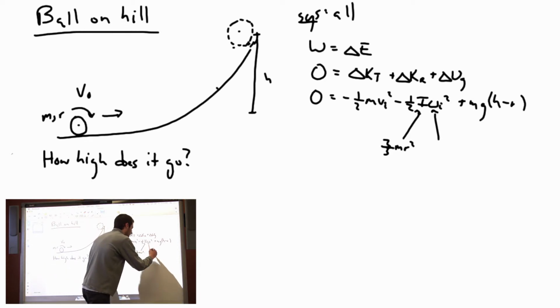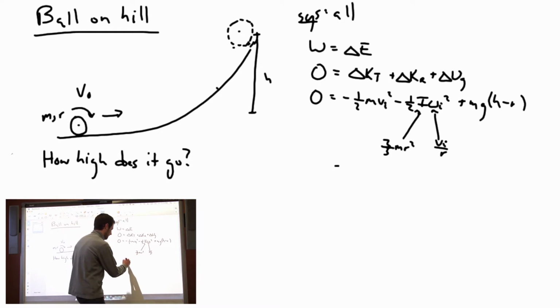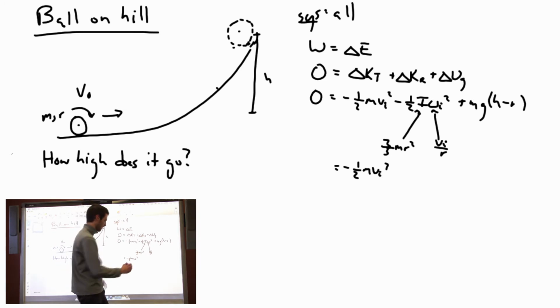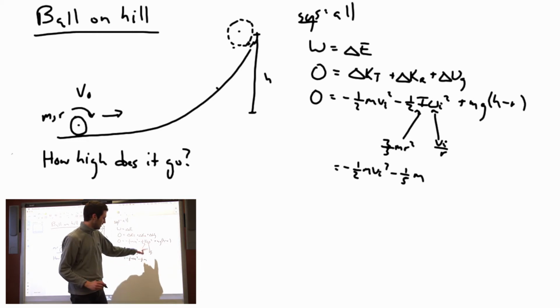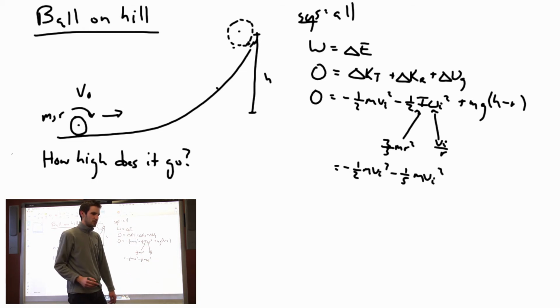So if I plug those in, I'm going to get minus 1/2 m v initial squared, minus 1/2 times 2/5 gives me 1/5, and then m, and then this v i squared over r squared, this r squared will cancel with this r squared, and I'll just be left with a v i squared. Then I'll have plus mg times h minus r.